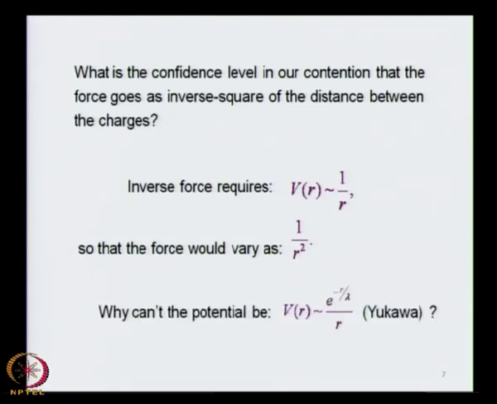For example, why could the potential not be a Yukawa potential? Because it has a form, it has got 1 over r, a form which is not very different from the 1 over r potential of the Coulomb case.